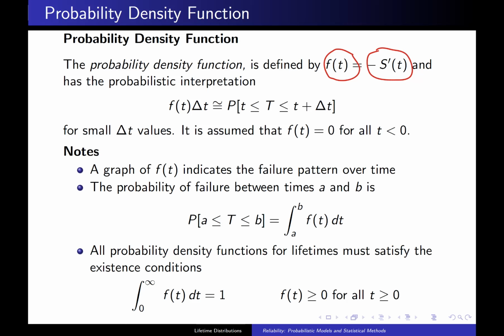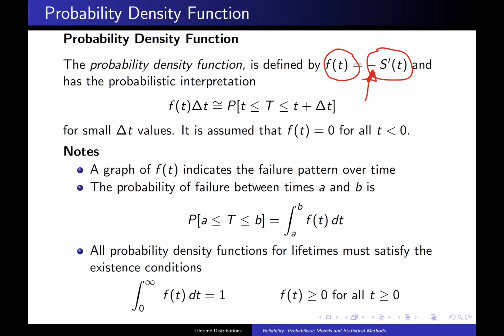Well, you know when you go from probability density function to cumulative distribution function, you integrate. So when you go in the opposite direction, from a cumulative distribution function to a probability density function, you differentiate. The minus comes in out front because the survivor function is 1 minus the cumulative distribution function.